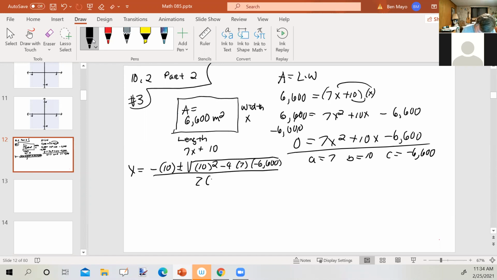all over 2a. Okay, so then we get x equals negative 10 plus or minus the square root of 100 minus 4 times positive 7 times negative 6,600, which is going to be a positive. Negative times positive times negative, okay?